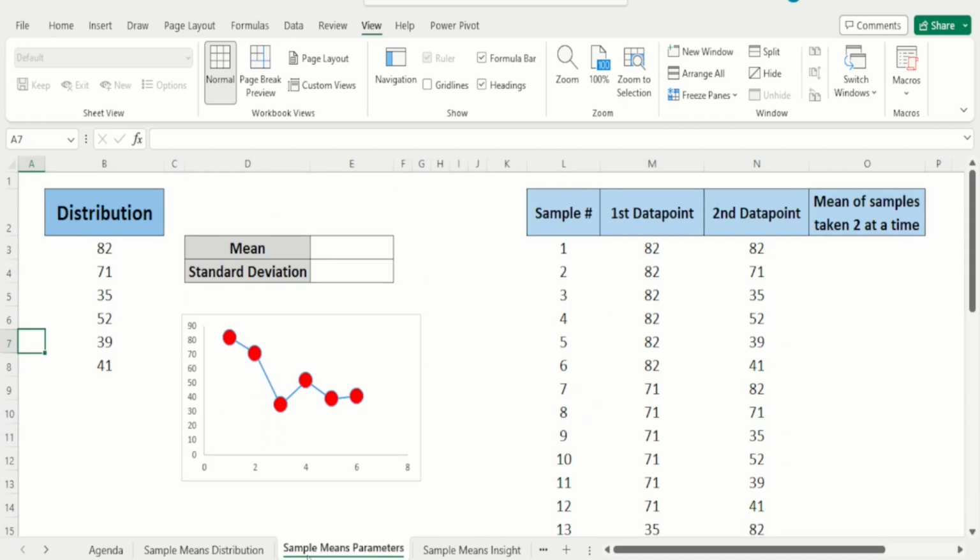So, sample means and parameters. As we've discussed before, there is a difference between the concept of a parameter and a statistic. Just to refresh our memories about this, remember that when you're dealing with the entire population, so if you're dealing with the entire data set and calculating a metric for the data set, that is usually referred to as a parameter.